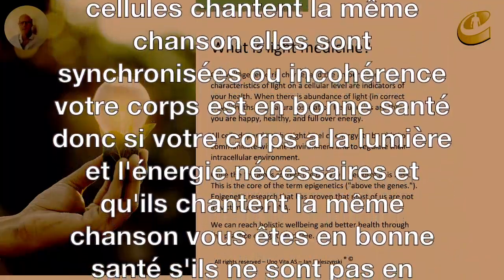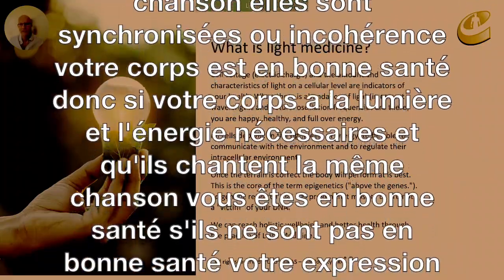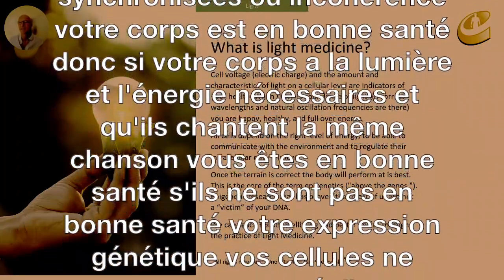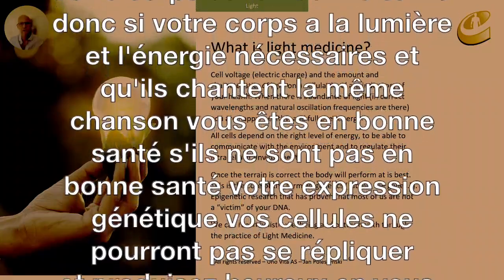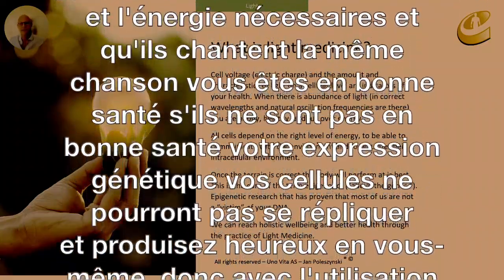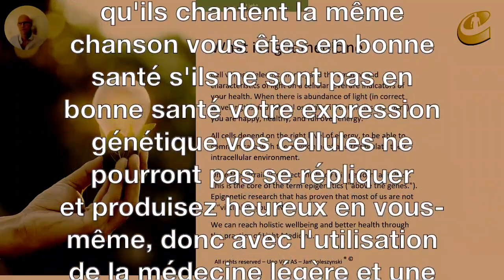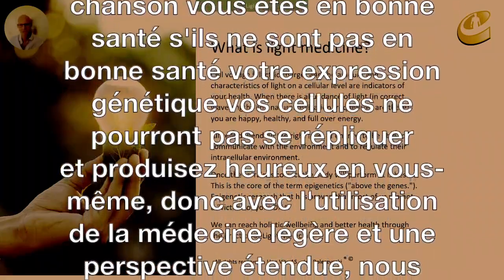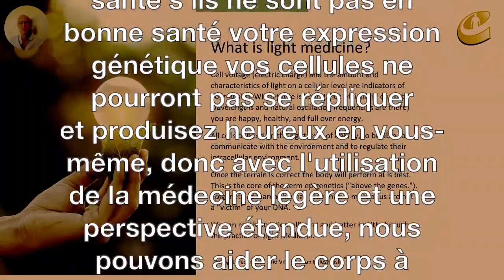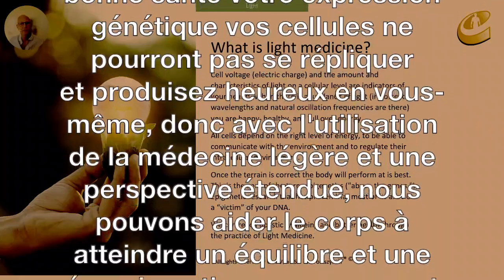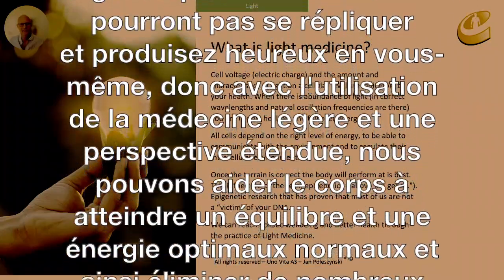If your body has the necessary light and energy, and they sing the same song, you're healthy. If they're not, your gene expression, your cells will not be able to replicate and produce happy new cells.